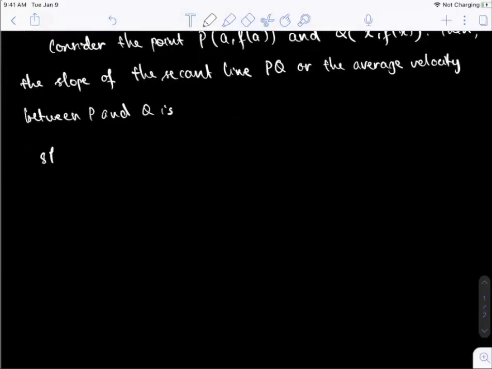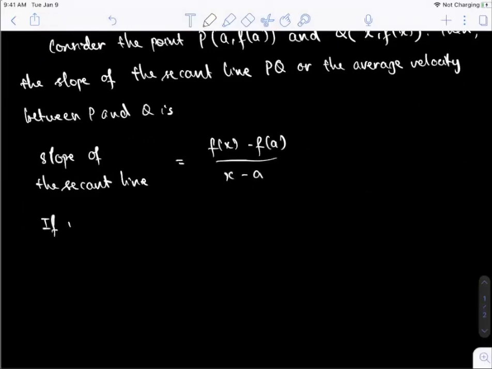So the slope of the secant line is equal to f(x) minus f(a) divided by x minus a. So this is also equal to the average rate of change.